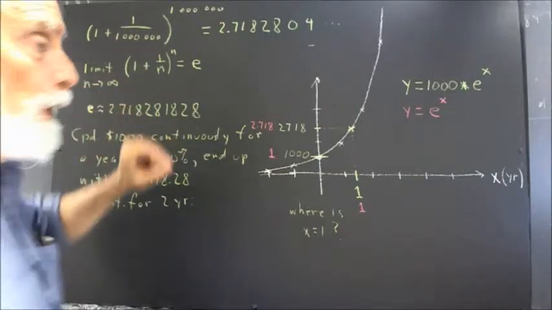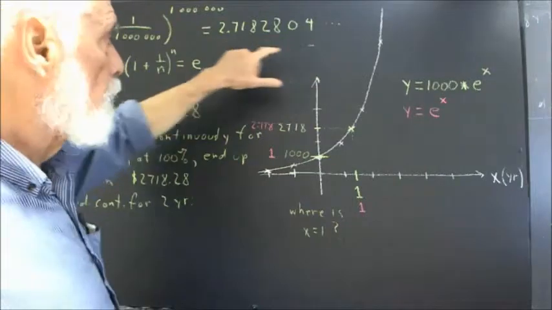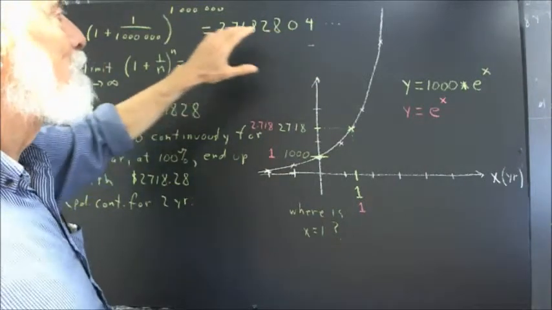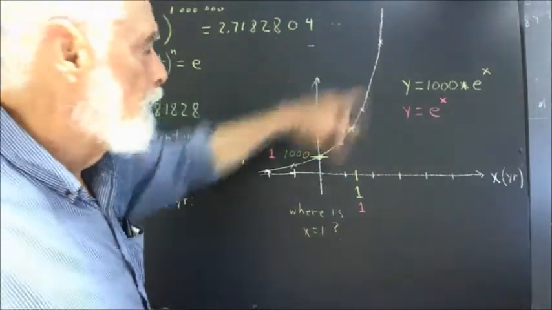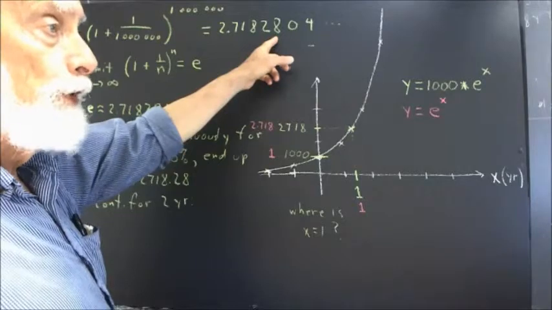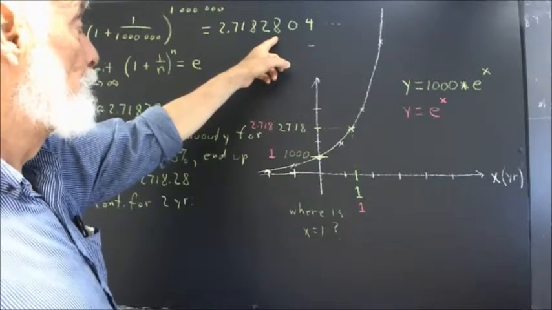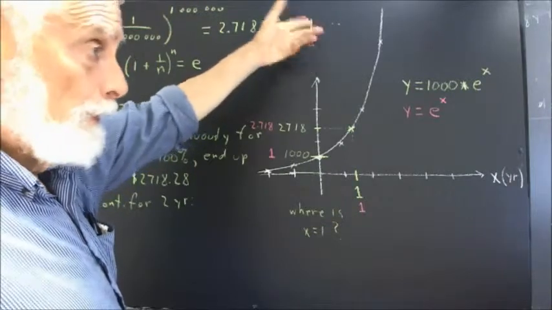But the progression of these numbers leads us to believe that they're going to change at later and later and later significant figures. Okay, the 2.71828 isn't going to change no matter how far you go. But that 0 will change, and that 4 is going to change rather quickly.